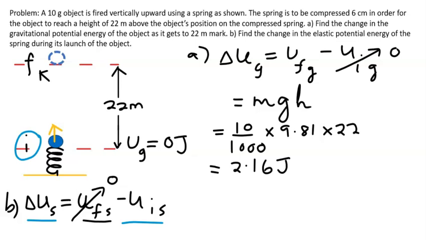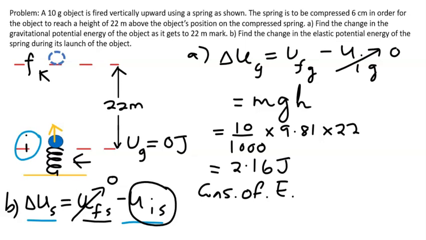Another thing to note is, according to the principle of conservation of energy, the elastic potential energy that the spring contains when it is at the compressed state is what provides the gravitational potential energy for the object when the object gets to the final mark.